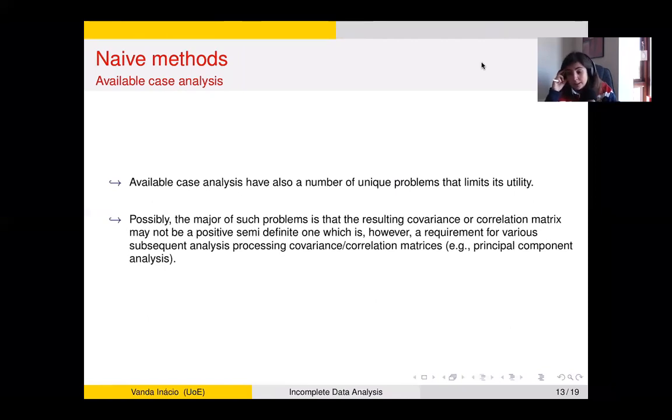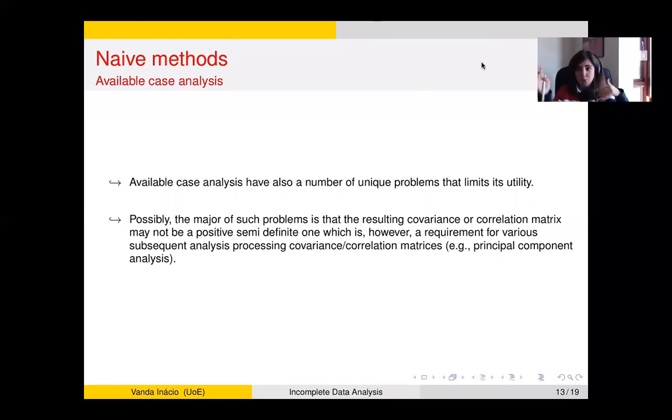Also, because of the way it works, available case analysis has a number of problems that limit its utility in practice. Possibly the major problem is that we are using different subsets of the data to compute the covariance matrix.